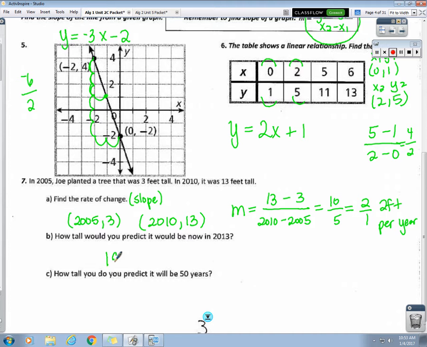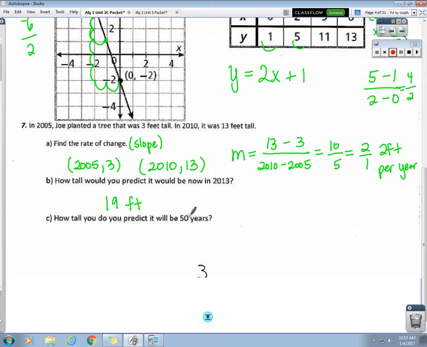19 feet. Okay, let's talk about how they got that in case you didn't understand. If it was 13 feet tall in 2010, and now 3 years later, it grows at a rate of 2 feet per year, so wouldn't that be 6 feet grown? So 13 plus 6 is 19. Okay, C's a little tricky because some of you don't understand if it means 50 years from here or 50 years from there. We'll just say 50 years old.